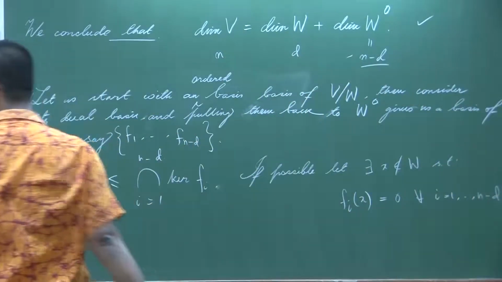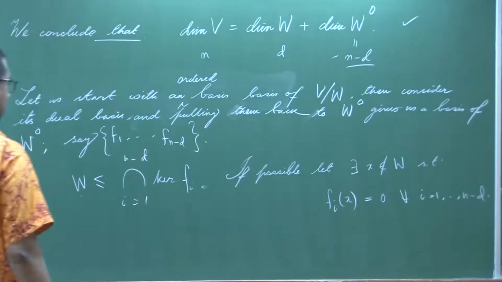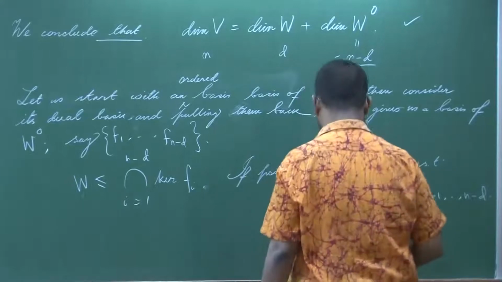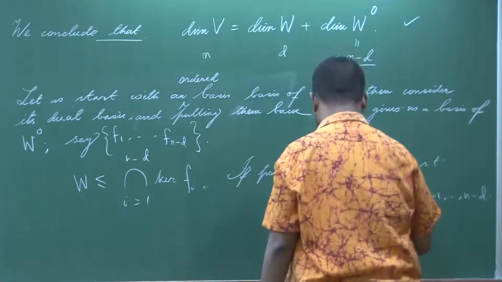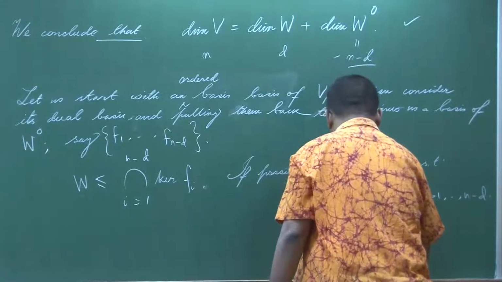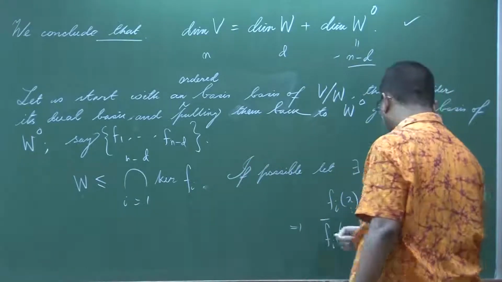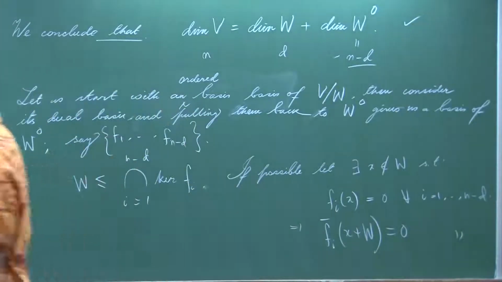Okay. So fi(x) is 0, that means fi bar of x plus W is 0, for all i.